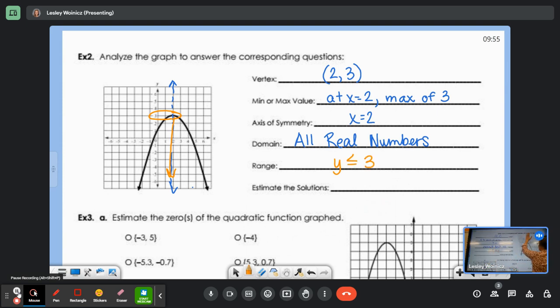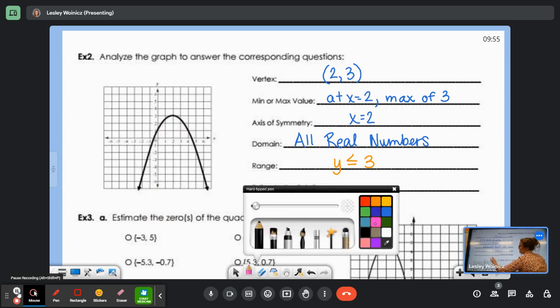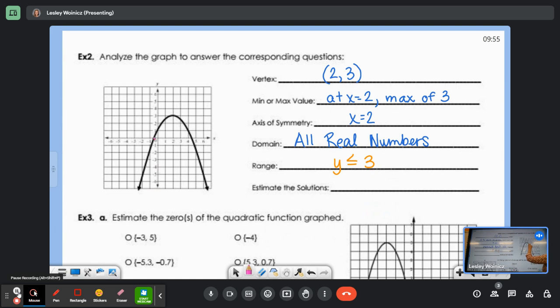The solutions I'm going to estimate. The solutions come from the x-intercepts. They are the x values of my x-intercepts, and I list them in curly brackets. These are my p and my q. So it looks like about -1/2 and +4.5. This would be the P, this would be the Q. Actually, it doesn't matter which one's which.